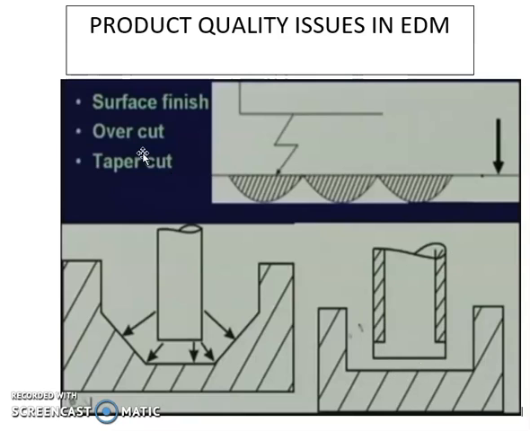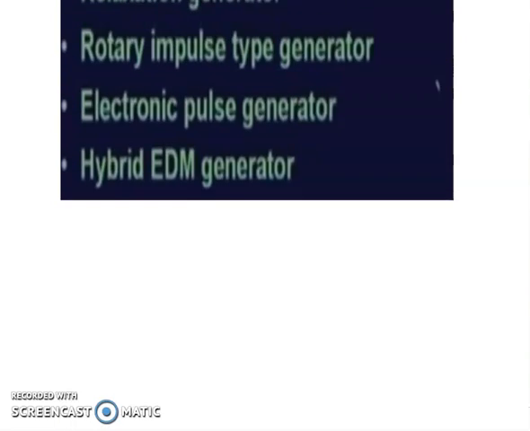Overcut basically refers to the difference between the diameter of the workpiece hole created and the diameter of the electrode. So we will have these terms associated with the EDM process: a particular value of the surface roughness, a particular taper cut, and an overcut.